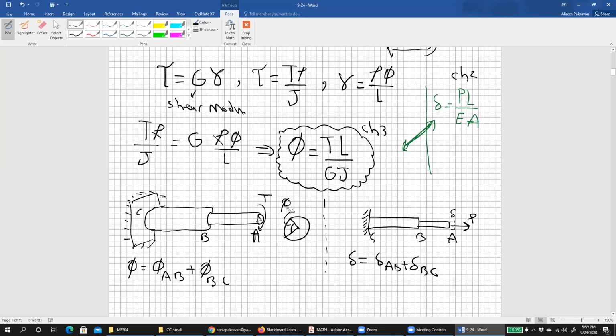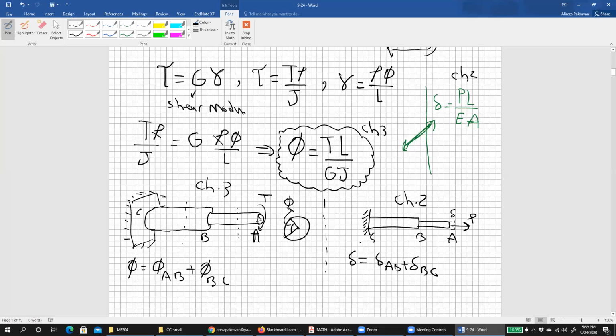To find this phi, the same as chapter 2, we make a segment, find the T, find the G and J. L and G are given, find J, and then go to this segment and find the angle of twist. So we have the angle of twist of A with respect to B for this segment, and B with respect to C for the other, and this end is fixed. Then we can add them to each other. So this is the current chapter.